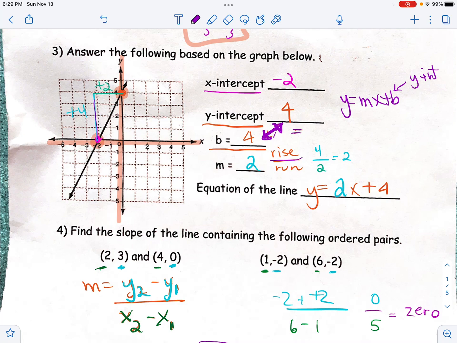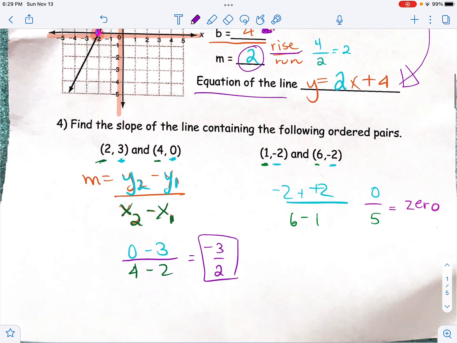We can see we're rising 4 and running 2. So 4 over 2 equals 2, and our slope is 2. Right? And then we write the equation of the line, y equals mx plus b, which is y equals 2, our slope, x plus b, which is our y-intercept, 4.